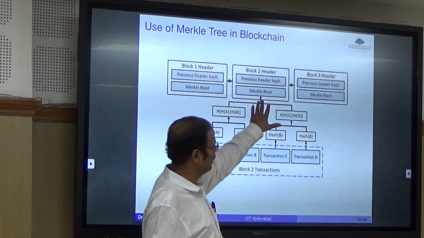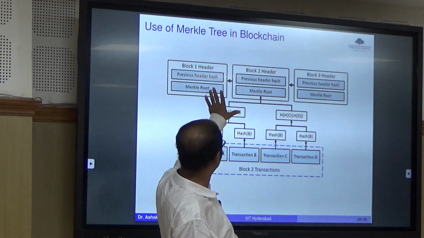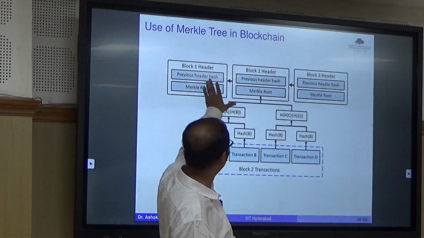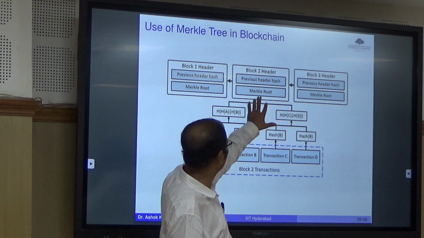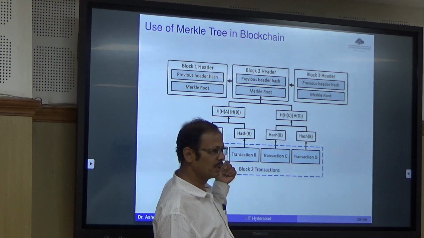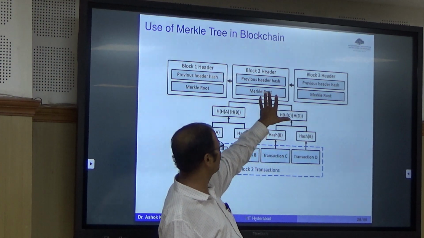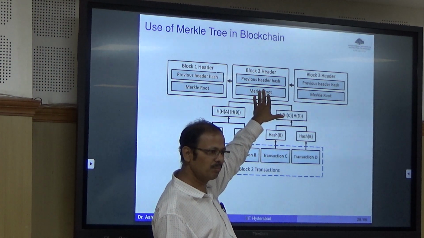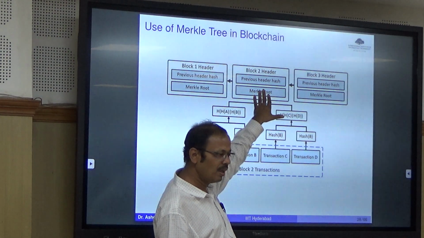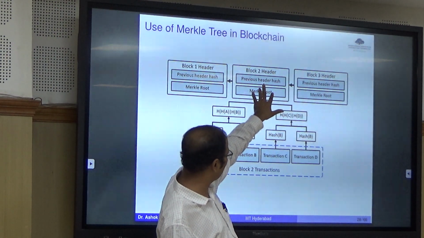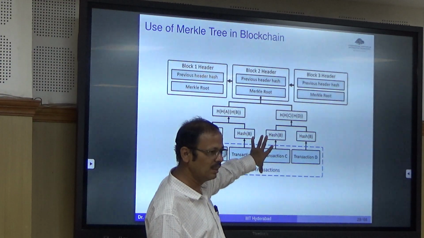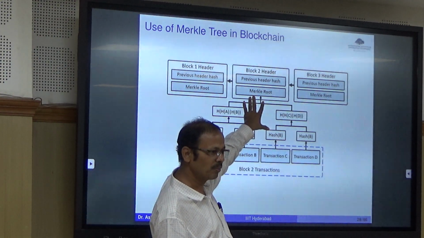So for instance, say we have an example of 3 blocks: block 1, block 2 and block 3. And say in block 2, we have the 4 transactions W, X, Y, Z. We created this Merkle tree, and the Merkle tree root value is put here. The Merkle tree root value is there, along with a pointer to this Merkle tree, also put in the block.